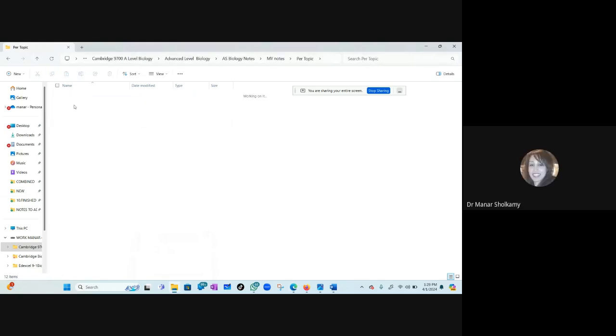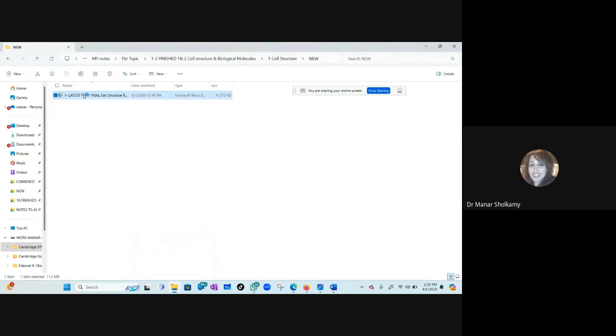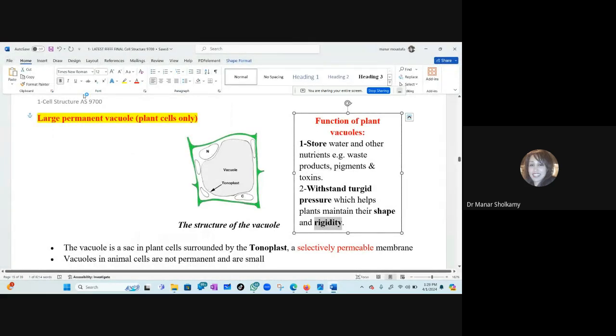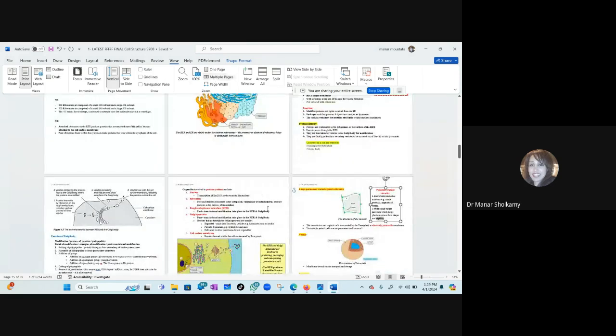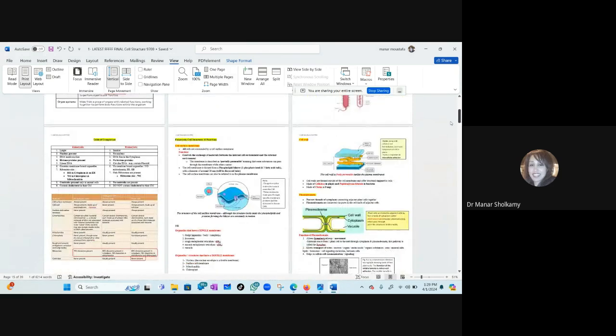Okay, I want to show you something because I went back and looked at the notes. There was actually a table that I realized has exactly a summary of all the bonds. This is cell structure.